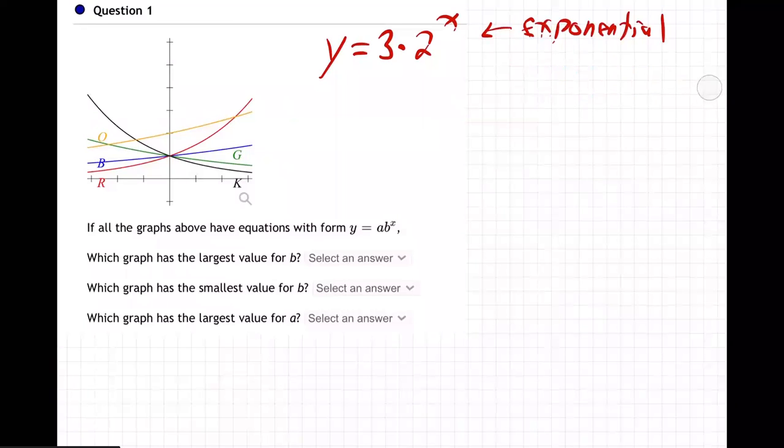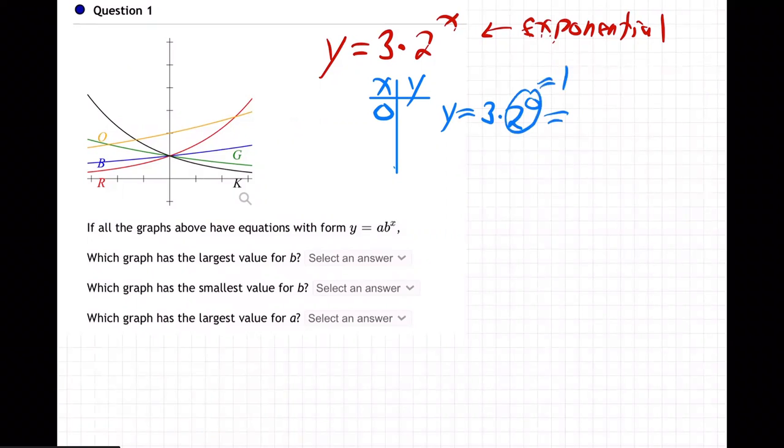Okay. Anyway, so what? It's exponential. Well, let me graph it for you real quick by making a little table. So I'm going to make a little x, y table, meaning if I put in x equals 0, what do you get? 3 times 2 to the 0. I'm just going to plug in a couple points, see what I get. Now, what is 2 to the 0 power?